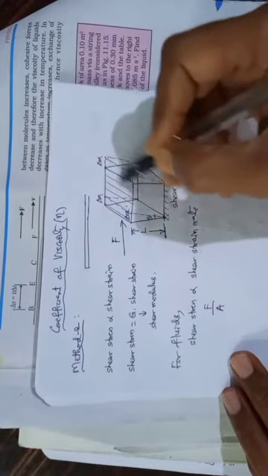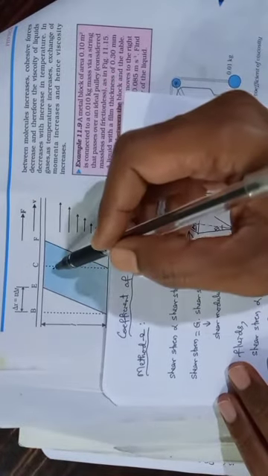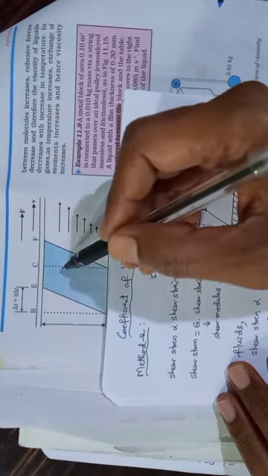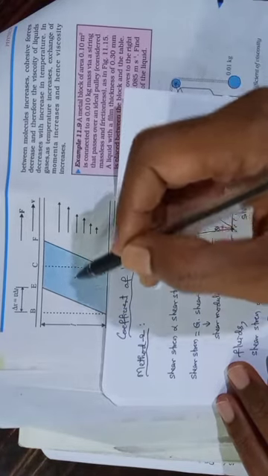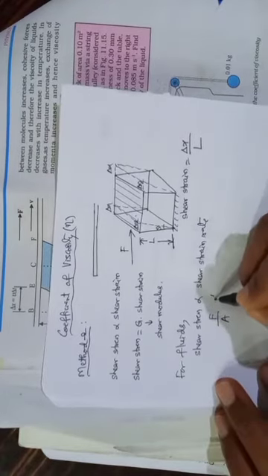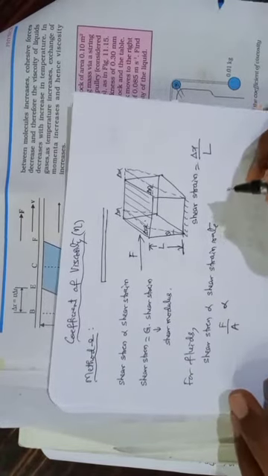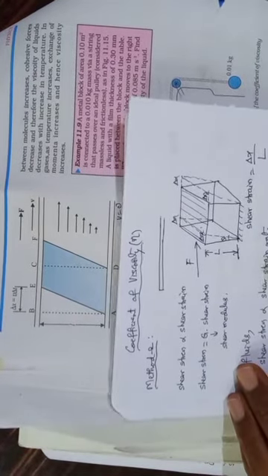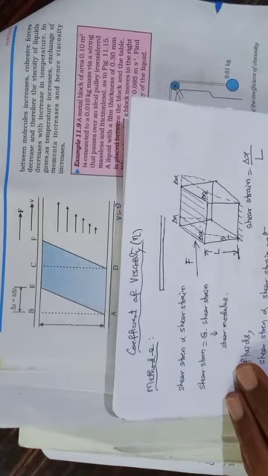Here the fluid is composed of horizontal layers placed one over another, and that is the layer area. So shear stress is equal to force by area and directly proportional to strain rate. Now first let us write strain. Strain means delta x by L.